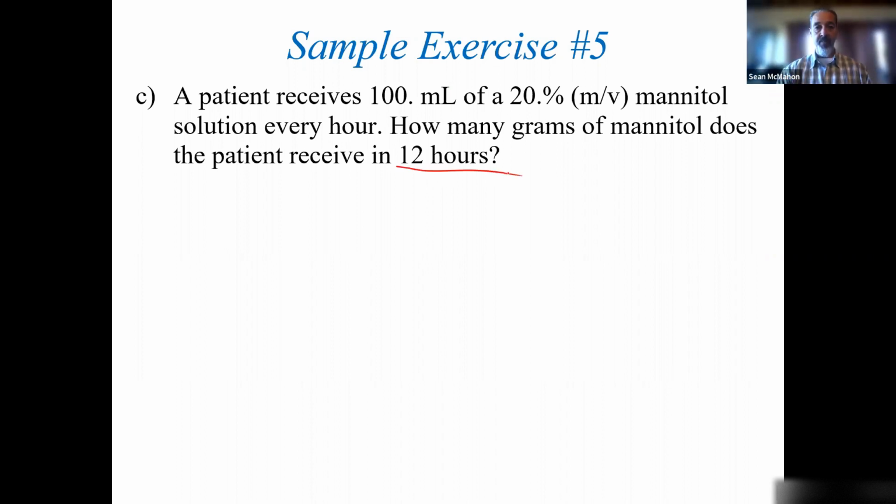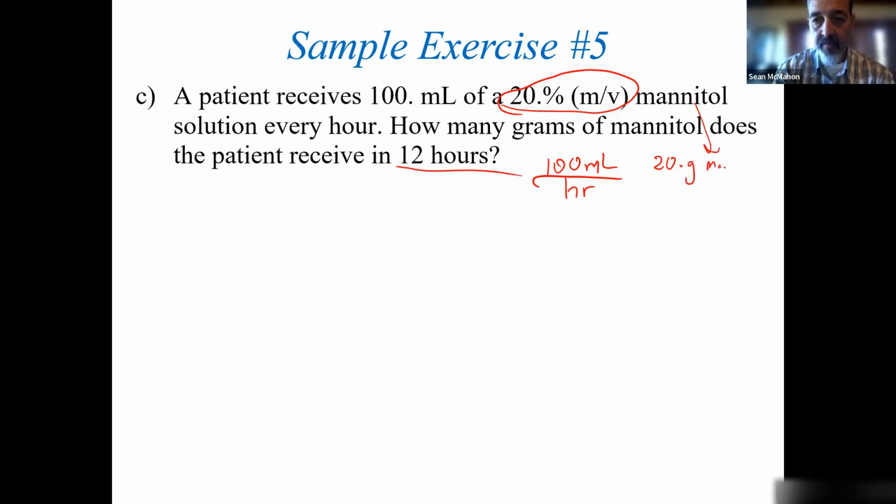Okay, so there's a couple things. Patient receives 100 mL every hour. So I get 100 mL of this solution per hour. And it's a 20% solution. What does that mean? There's 20 grams of mannitol per, the unit for the solution is it's a volume, so per 100 mL. Well, how many grams do I get, right, if I want 12 hours?